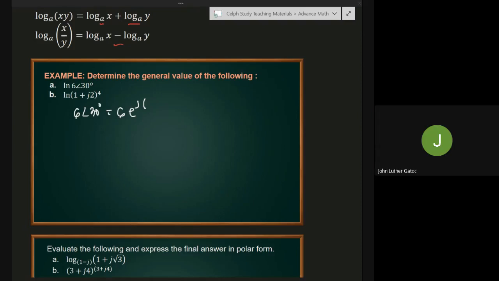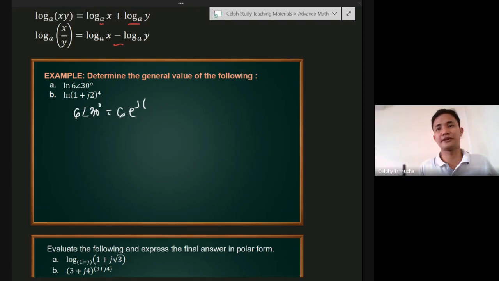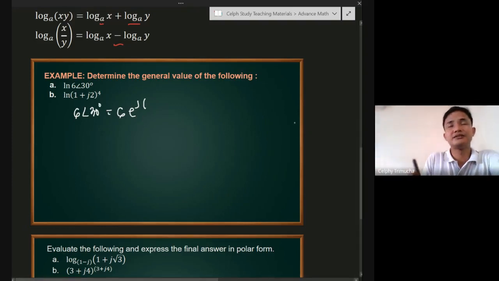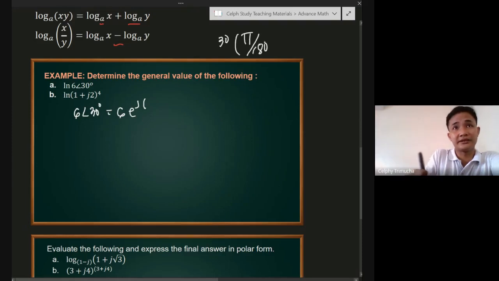0.523. Okay, so indi ko lang i-express in decimal. Mas okay na lang if we have 30 times pi all over 180. So gamiton ta lang will be pi over 6, para mas hapos. So that will be pi all over 6.